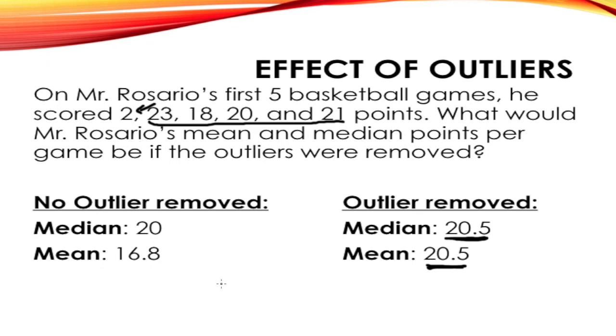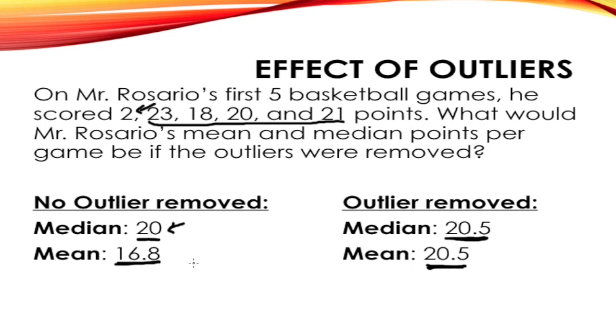Whatever it was, with that outlier, notice that I still am pretty resistant. My median resisted that too, and it stayed pretty close to my actual middle, 20. The mean was pulled closer to that too, because it is not as resistant as the median. So those are the effects of an outlier.